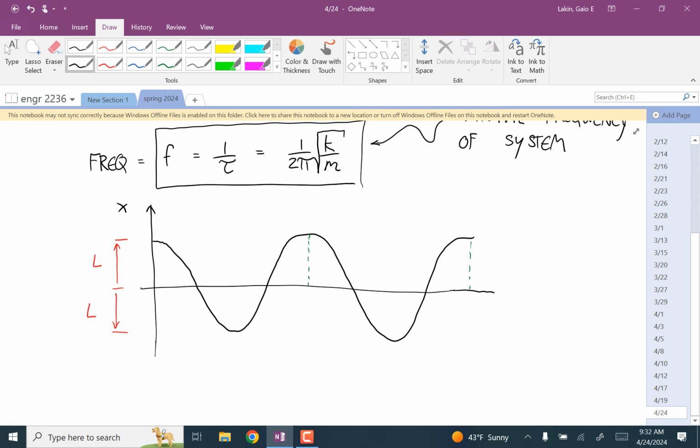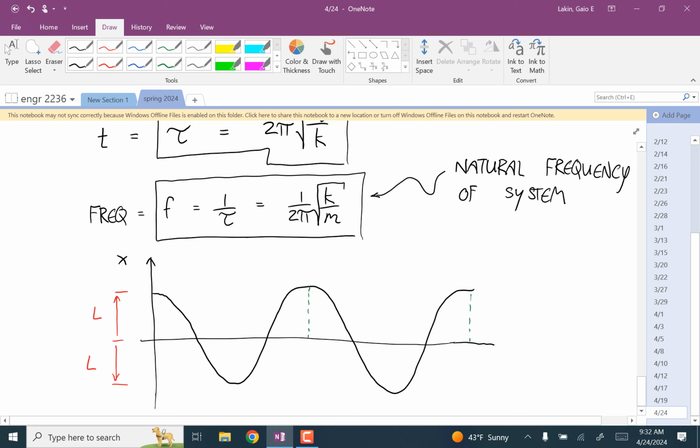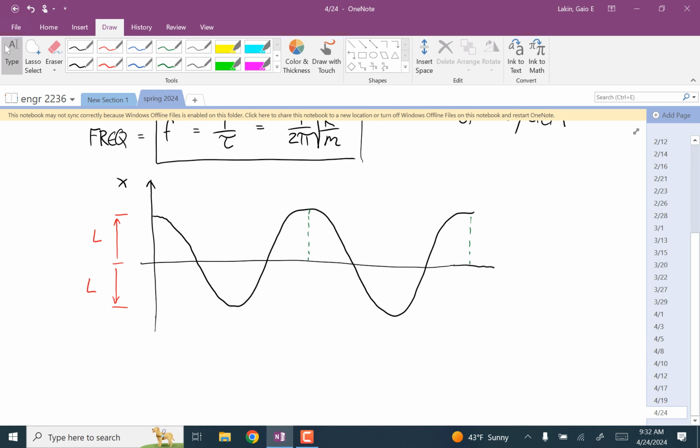So this time value is 1 period, and that's equal to 2 pi times square root of m over k. And if you go to the next one, this is just another one of these, so 4 pi times square root of m over k.